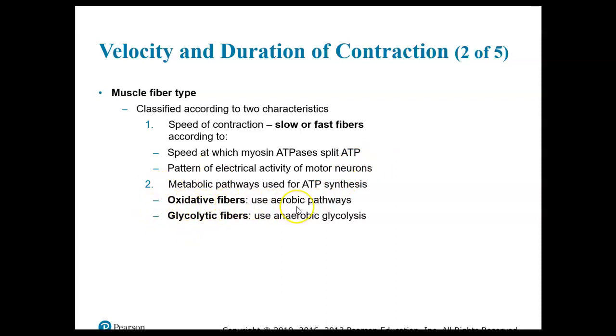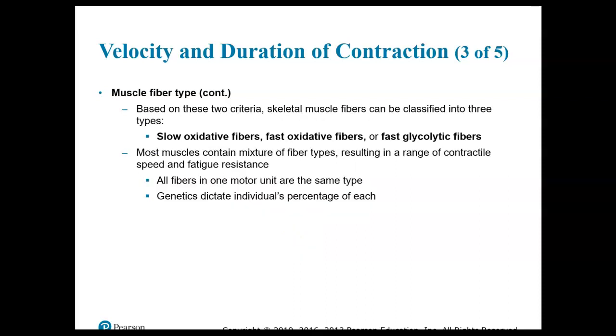Oxidative fibers use the aerobic pathways of producing ATP, and glycolytic fibers use anaerobic glycolysis and lactic acid fermentation. So these are the 3 basic muscle fibers. There are the slow oxidative fibers, the fast oxidative fibers, or the fast glycolytic fibers.